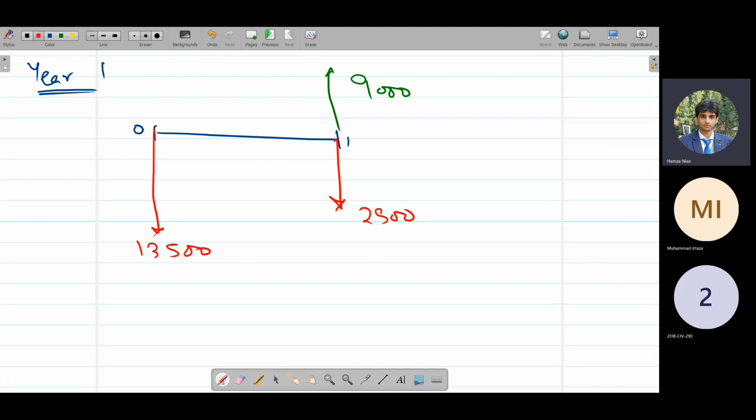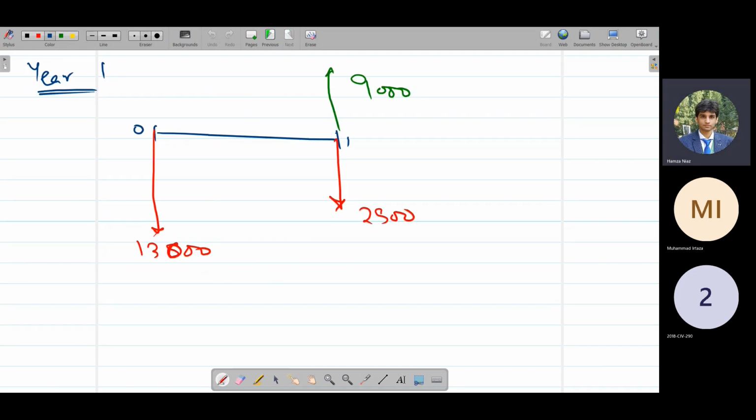So we are going to write the current market value in year 0, because if we sell the item now, we actually get 13,000. If we are not selling the item, we are actually using this 13,000. So we are going to write 13,000 in year 0, the annual operating cost 2,500 in year 1, and the market value at the end of year 1 will be 9,000. This is given in the statement. So now we have to find it.